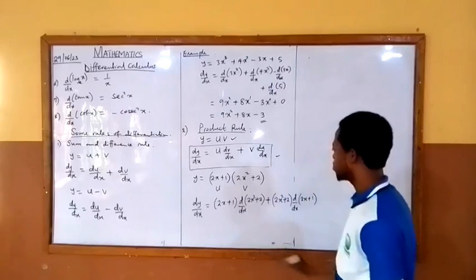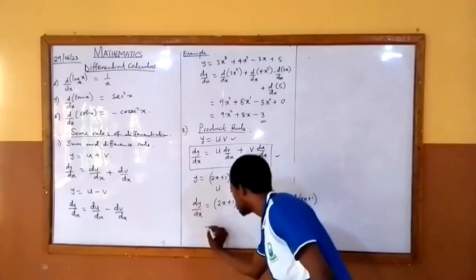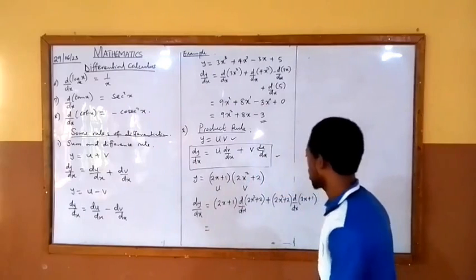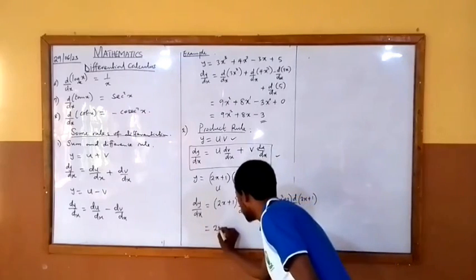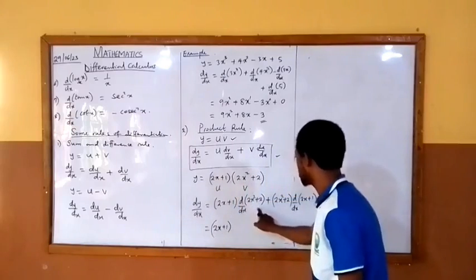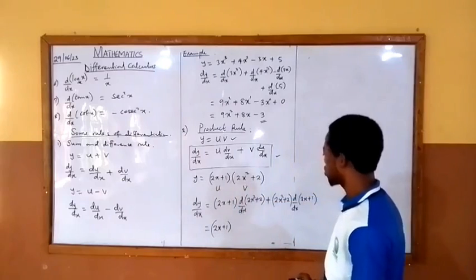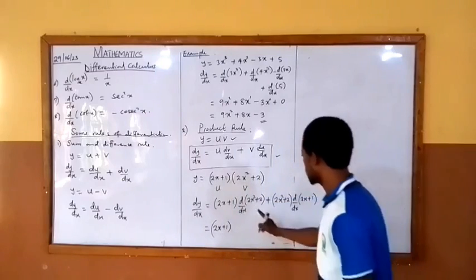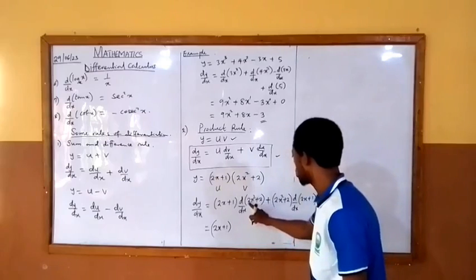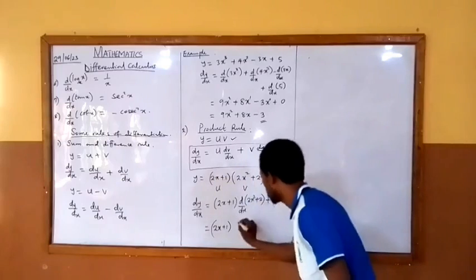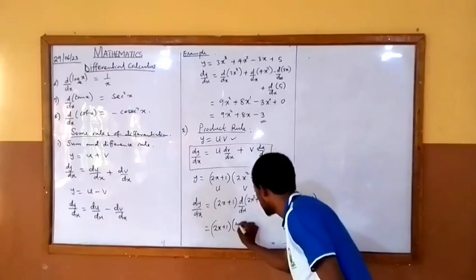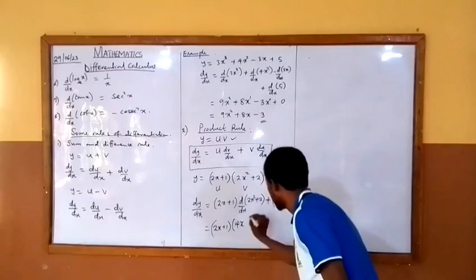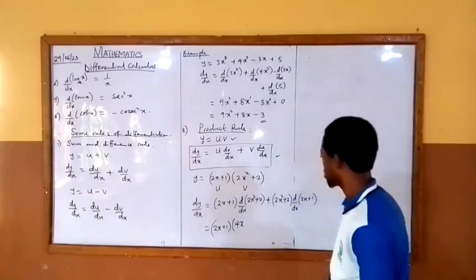So by the time we simplify, this one becomes 2x plus 1. Then we differentiate this. Once you know that method of differentiation, it's very easy. We differentiate 2x squared: 2 multiplied by 2, then minus 1 from the power. So 2 times 2 here, that's 4. That's x raised to power 2 minus 1, that's x raised to power 1, and that's x.